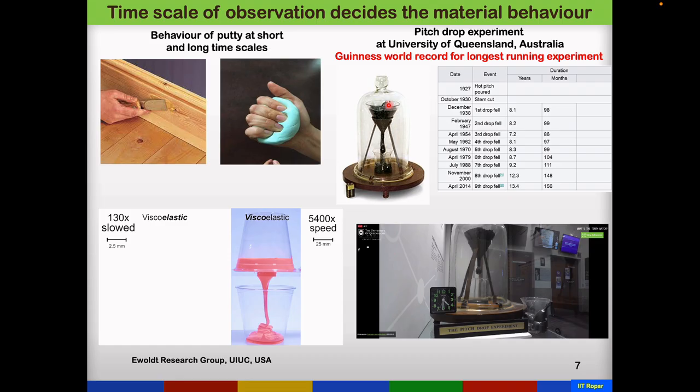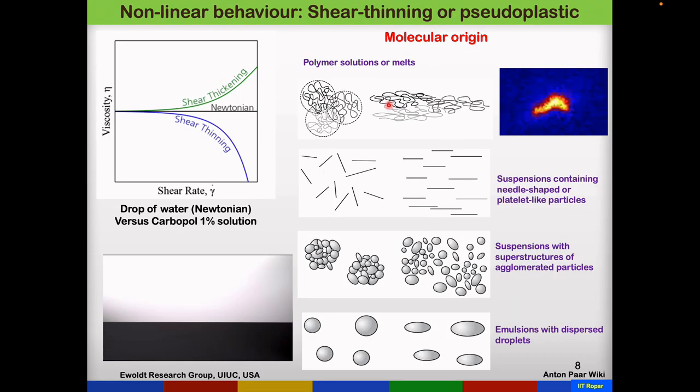Now, complex fluids exhibit different nonlinear behaviors, as I told in the introductory slide. One of those nonlinear behaviors is shear thinning, or pseudoplastic behavior. Shear thinning is nothing but this: if you increase the rate of deformation within the material, the viscosity will keep decreasing.